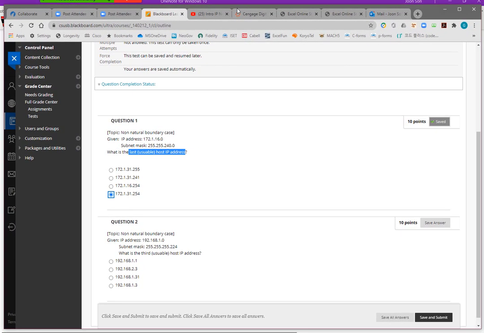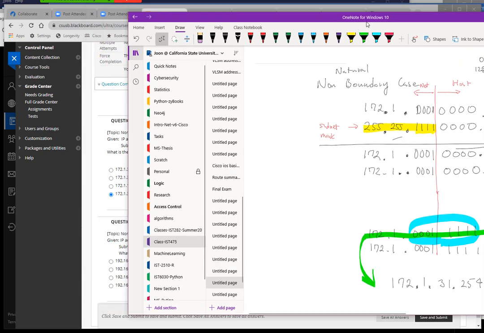Okay, now the next one. This is an IP address, and what is the third usable host IP address? So what is given?